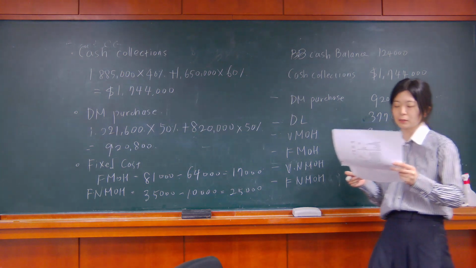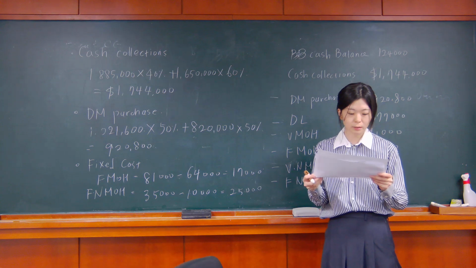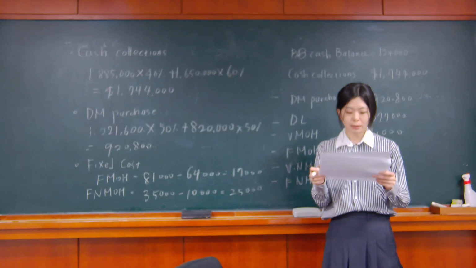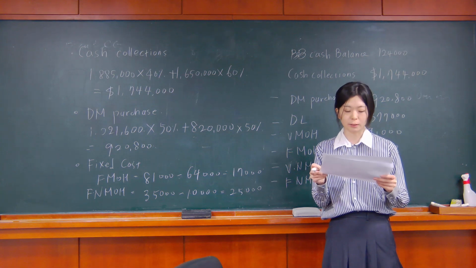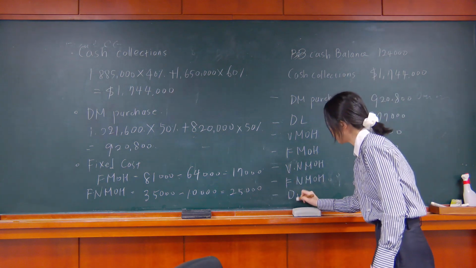If you read carefully, there's also one more element that we need to further subtract, which is that the company's board of directors are going to pay a $160,000 dividend to stockholders. So that's also something that we need to take into account.